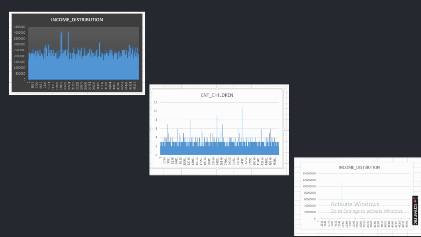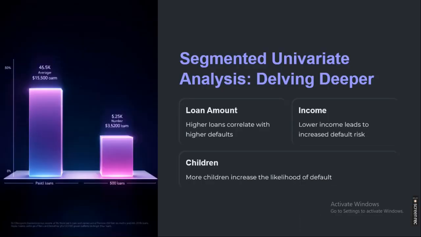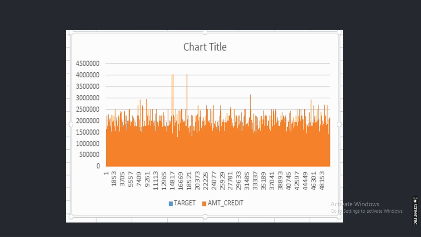Let's proceed to task 5, segmented univariate analysis. In this we calculated that higher loans correlate with higher defaults, lower income leads to increased default risk, and more children increase the likelihood of default.